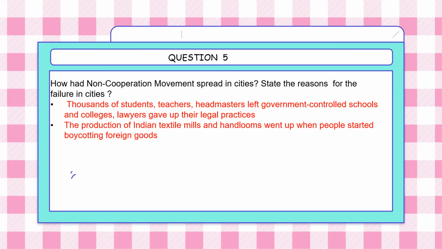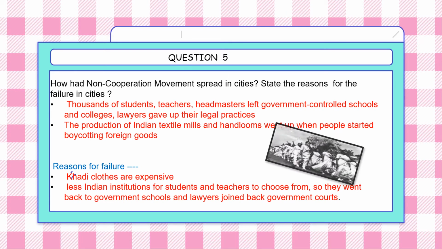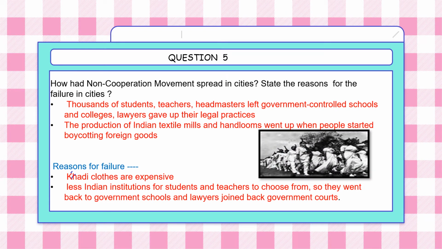Lawyers gave up legal practice. Number 2, the production of Indian textile mills and handlooms went up and people started boycotting foreign goods. Now, what were the reasons for the failure? First reason, khadi was expensive. Number 2, fewer alternative institutions for the students and teachers to choose from. So, they went back to the government schools and lawyers were forced to go back to government courts.